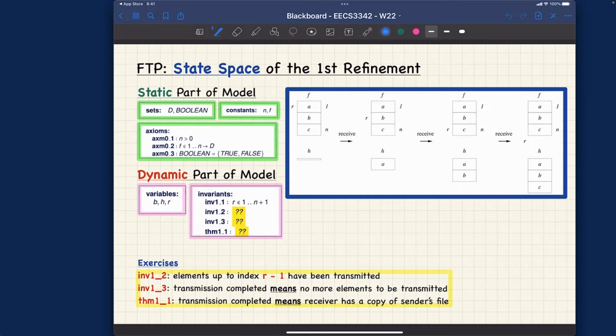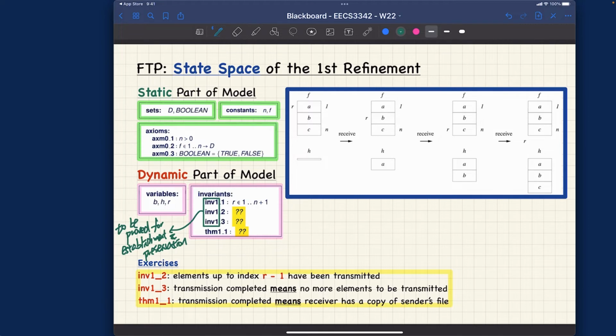For invariants, as we said before, they ought to be proved for establishment and also preservation by the various events.